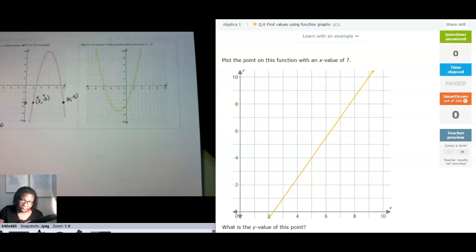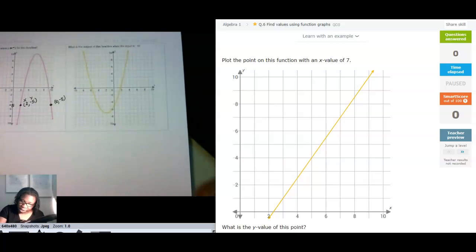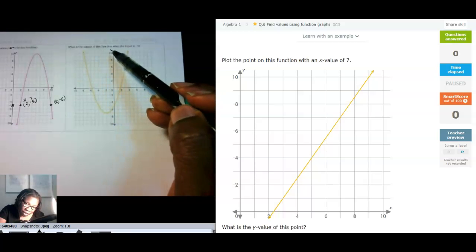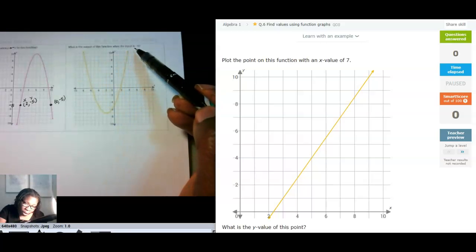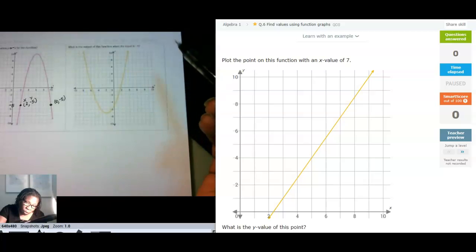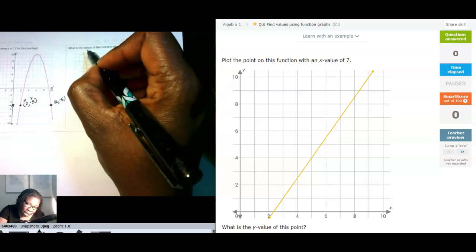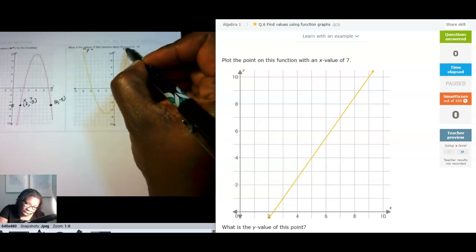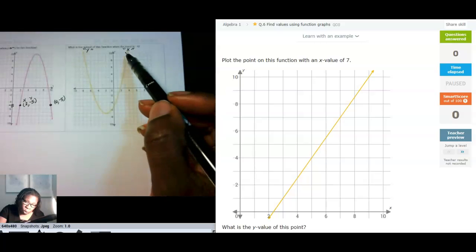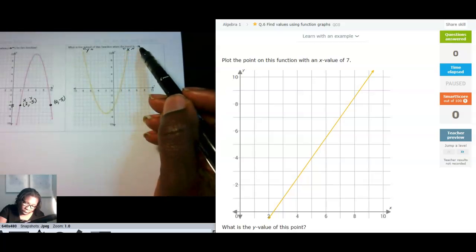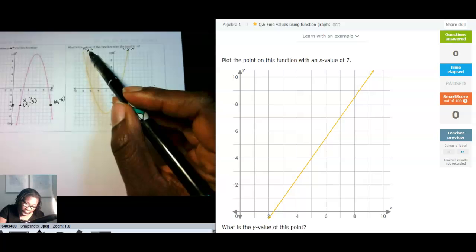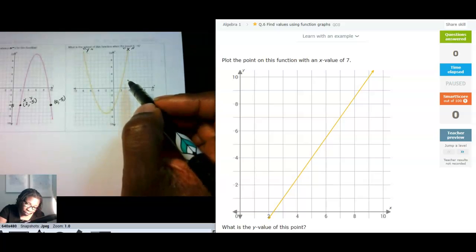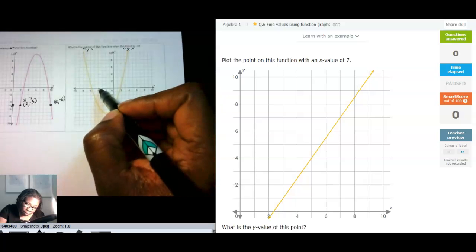Let's look at our final problem before we jump over to IXL and do these live. We've got, what is the output of this function when the input is negative 4? Now remember, output means y, or the value of y. Input means the value of x. So they're really asking us, when x is negative 4, what is y? So let's go over here to negative 4.